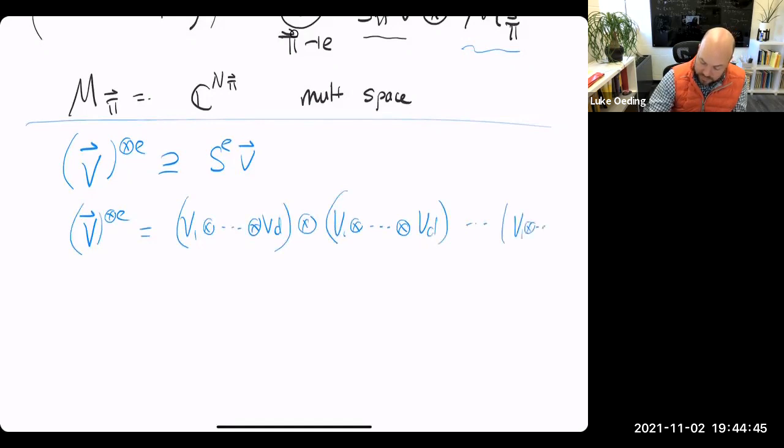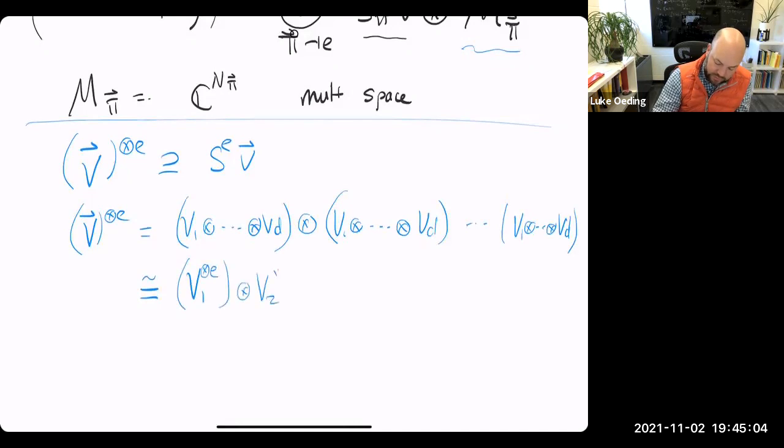But because the tensor product on the level of vector spaces is commutative, I can rearrange everything and write equal, though I should probably write isomorphic. This is V1 tensor E times, tensored V2 tensor E times, tensored with VD tensor E times.